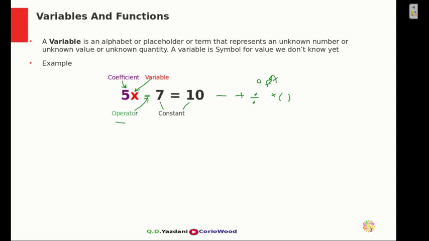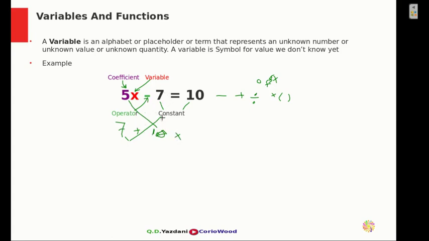So if you have 7, plus, and 10x, the 7 is a constant, the 10 is a coefficient, and x is the variable.